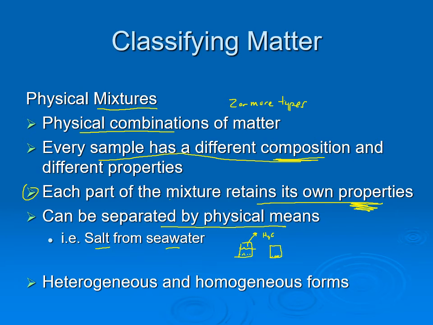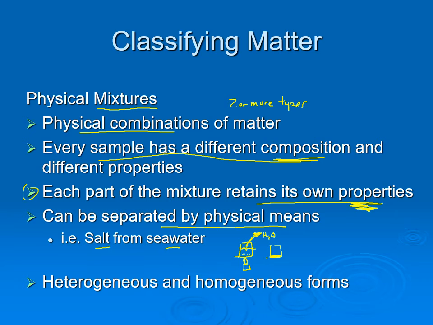Now, if you want to capture the water, you have to have a way to capture the evaporating water as it comes out. But if you don't need the water, just simply evaporate it. Or if you don't have a lot of time, you could boil it with a candle, like with a flame or something like that. Boiling it would make this happen just that much faster. But the salt will stay behind and the water will go away. And then you've effectively just physically separated salt and water.